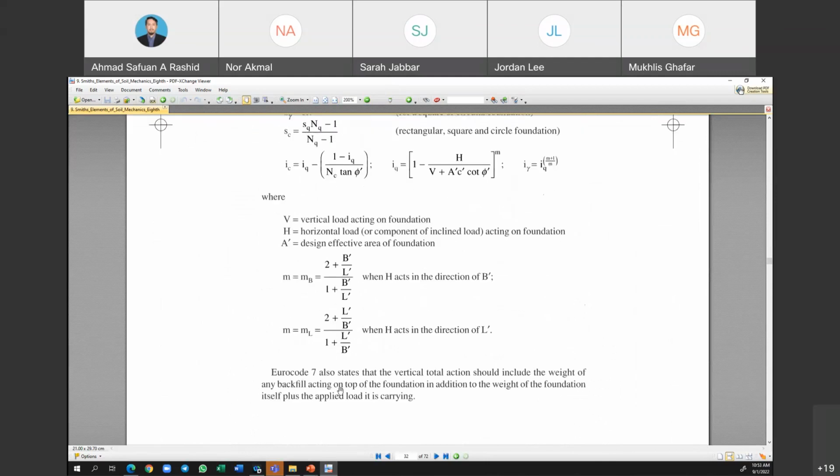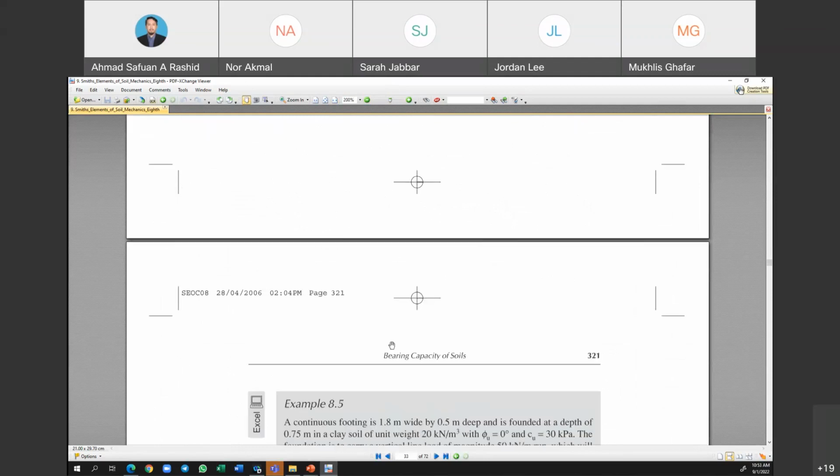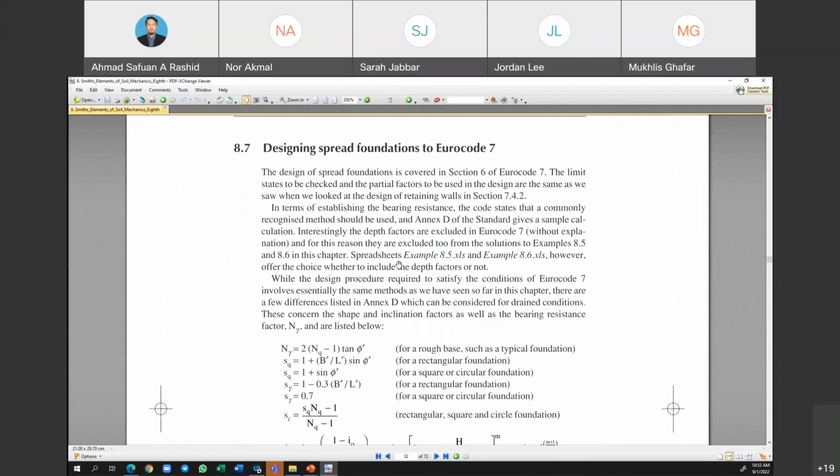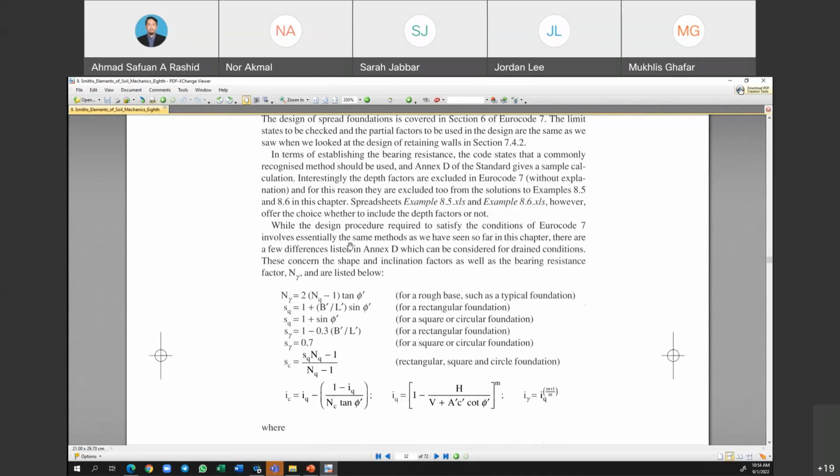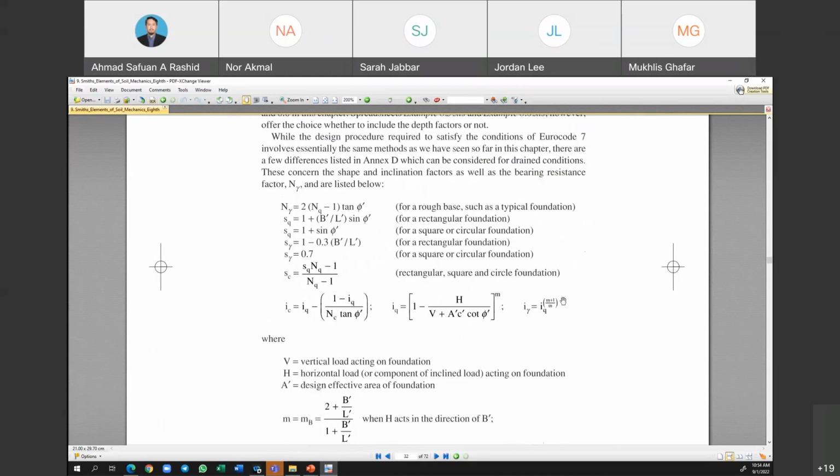Interestingly, the depth factors are excluded in Eurocode 7 without explanation, and for this reason they are included in the solution. Smith also mentioned here that the depth factor is not being included. So they introduced a new one, the inclination with the eccentricity.